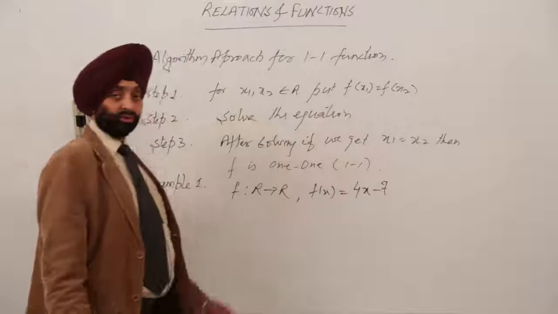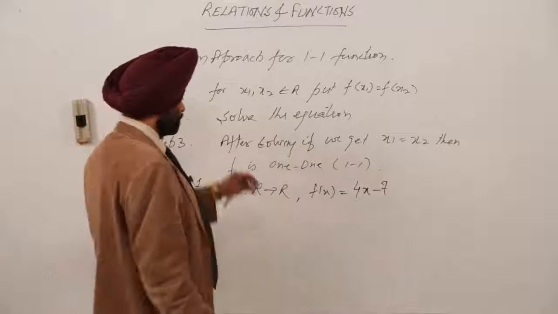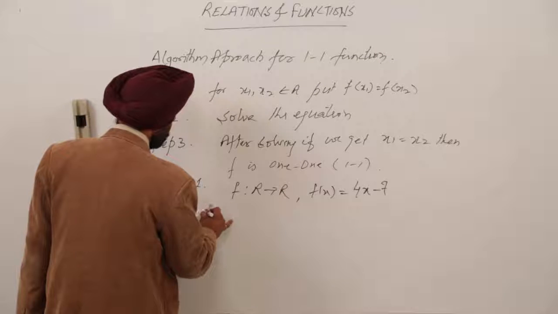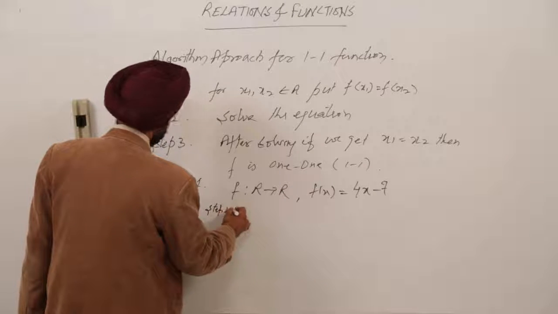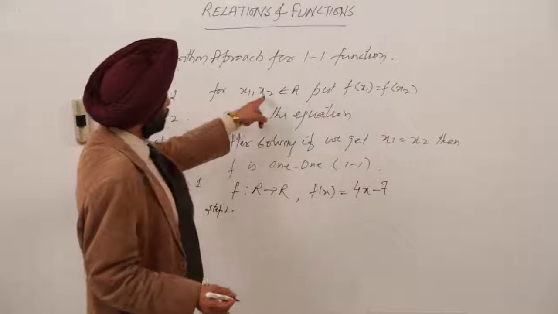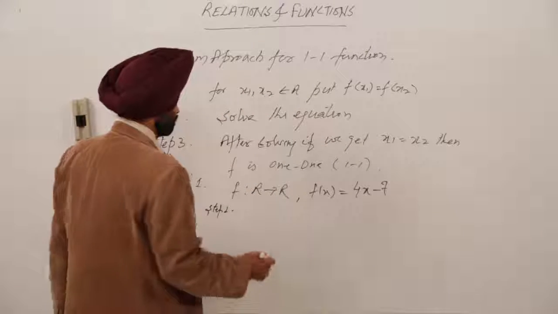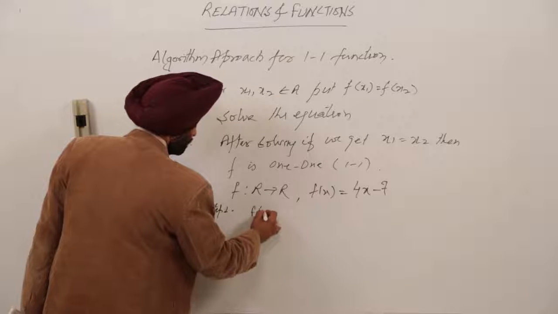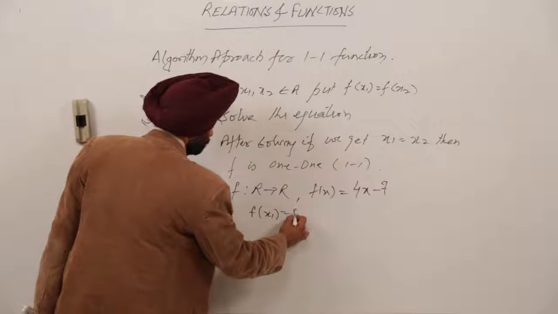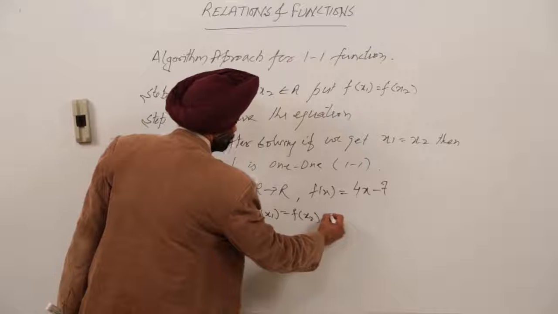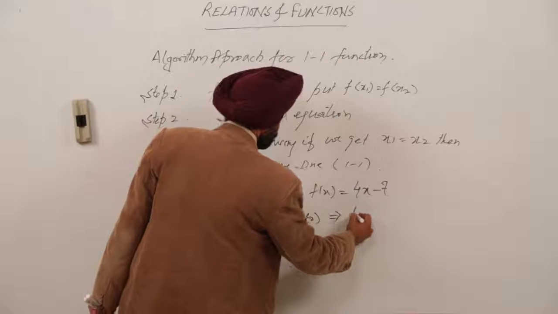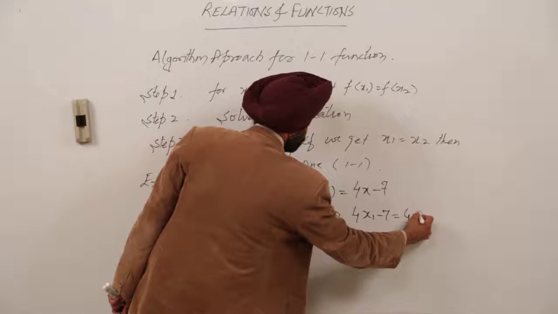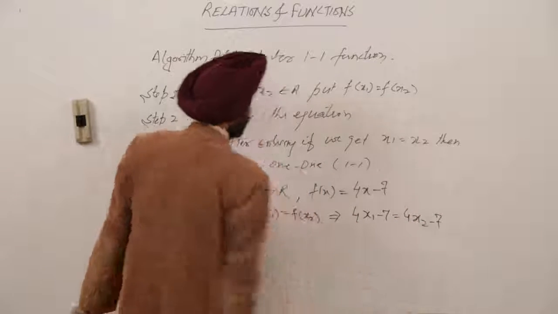Suppose this is the question. Question number 1. It is 4x minus 7. Then what are we having? Step number 1: for x1, x2 belongs to A, put f(x1) is equal to f(x2). Now when I am writing f(x1) is equal to f(x2), this means I have to write 4x1 minus 7 is equal to 4x2 minus 7.